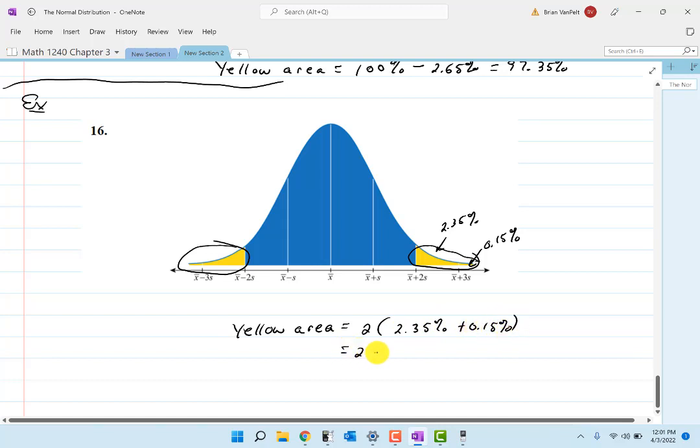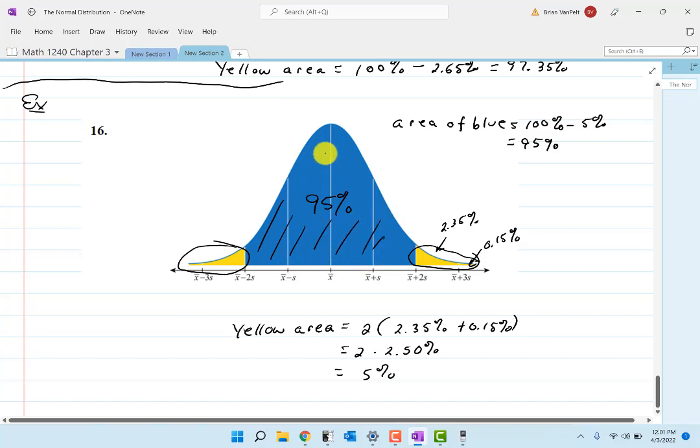That equals 2 times 2.50%, which is equal to 5%. So the area in the yellow is 5%. That means if I want the area in the blue, I'll subtract it from 100%. So the area of the blue is 95%. I don't know if you'll be able to see it in there, but there's 95% all in that spot.